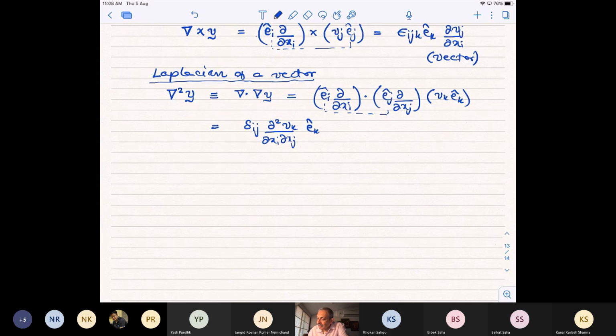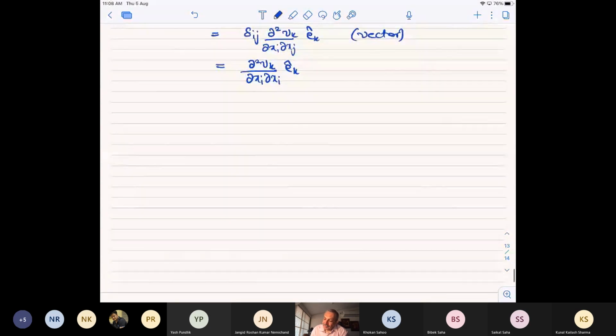So the Laplacian of a vector is again a vector. Now this can of course be simplified, and all the terms where i is not equal to j will be 0. So I put j equal to i. That gives us del squared V_k, and I'm going to keep it in this format just to remind us that this is actually a summation of i going from 1 to 3 and k going from 1 to 3.